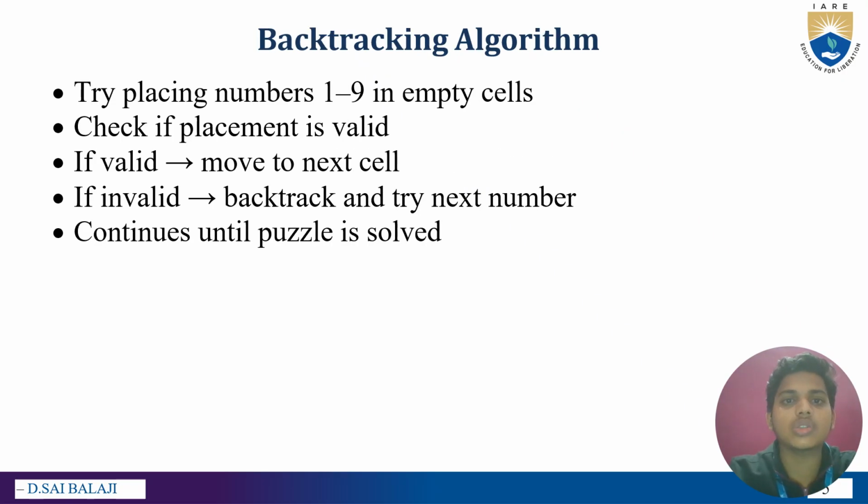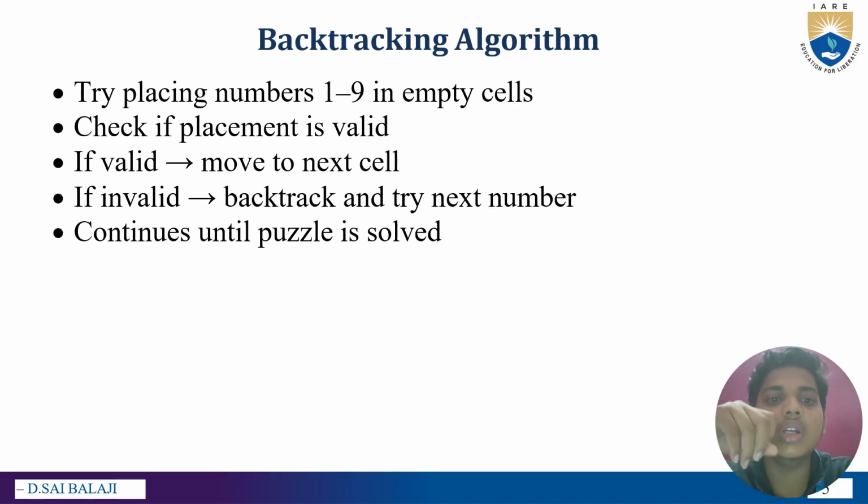Coming to the next one, backtracking algorithms. How does the backtracking algorithm work? First you have to guess a number, or think of a number logically, which can fit into a certain spot. Then you place numbers 1 to 9 in the empty cells, whether in a row or column.